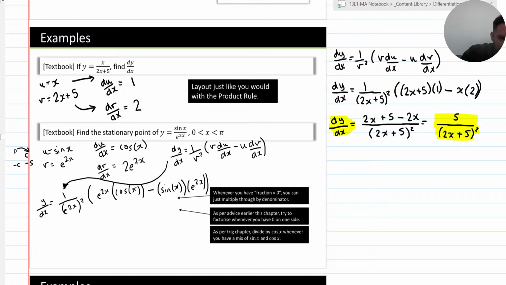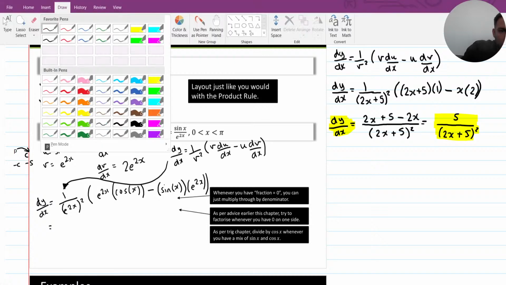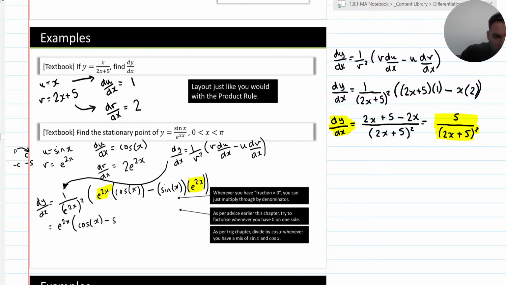So this is going to be equal to, I'm going to keep that as a squared for now, because I'm going to take out an e to the 2x in a second. In fact, I can probably take that out now, can't I? Let's take e to the 2x out as a common factor. You can see here we've got this e to the 2x there, and we've also got an e to the 2x there that we can take out.